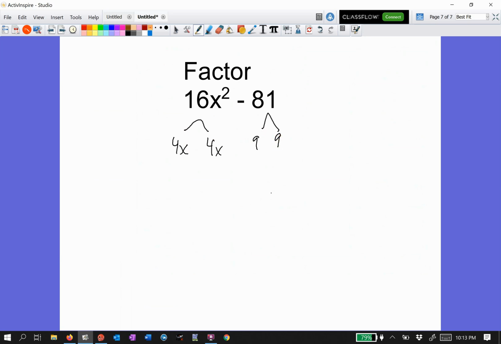All right. So, got to do this one. So, we have parentheses, parentheses, parentheses, parentheses. And we have 4x and 4x. We've got 9 and 9. We have 1 plus and 1 minus.